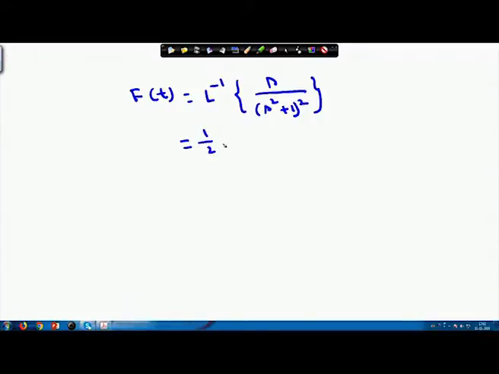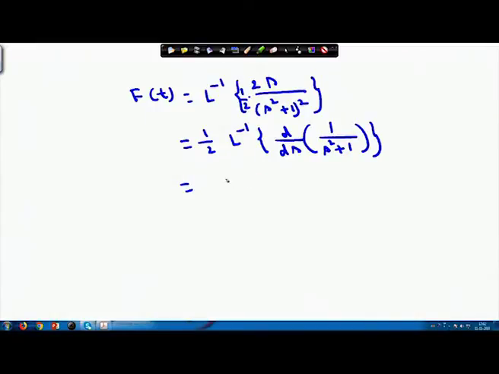So I can write this as half into, I can make it 2s, so 2s and half over here, and this half will go out. So 2s by (s square plus 1) squared, using the theorem, I can write as d/ds of 1 by s square plus 1. Using the property of inverse Laplace transform, I can write it as half into L inverse of d/ds of 1 by s square plus 1.